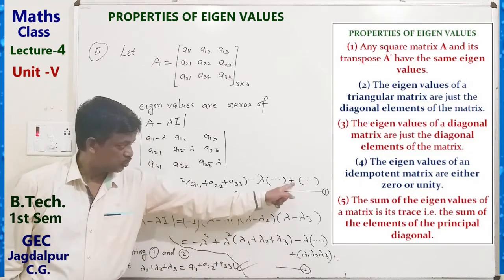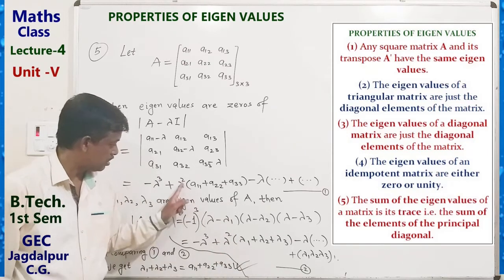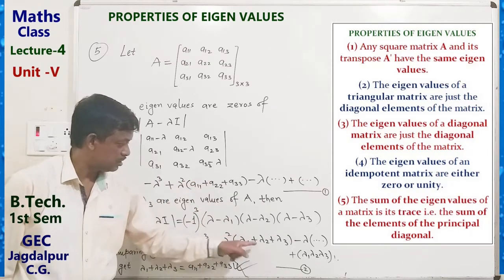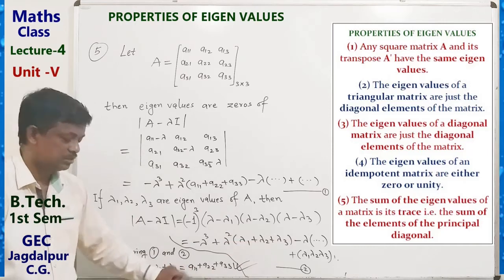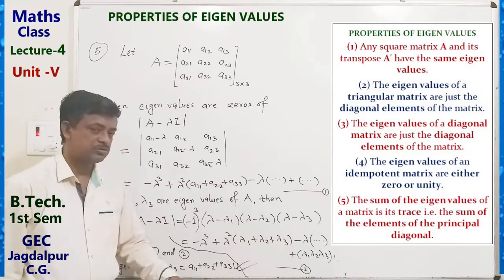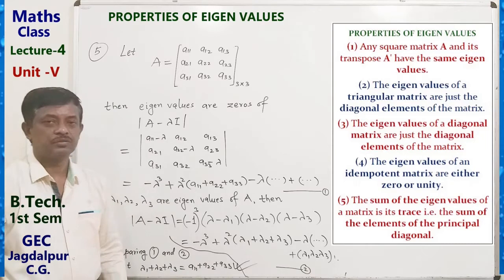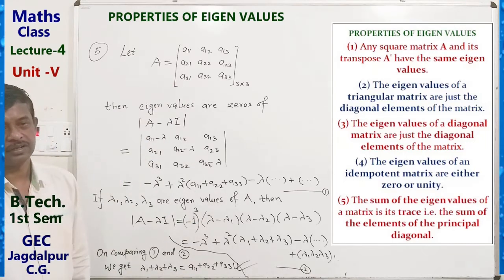Now comparing these two, the lambda square coefficient, this equals this. The sum of eigenvalues is equal to the sum of elements on the principal diagonal. Clear?